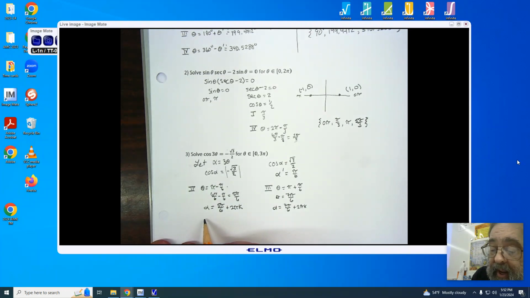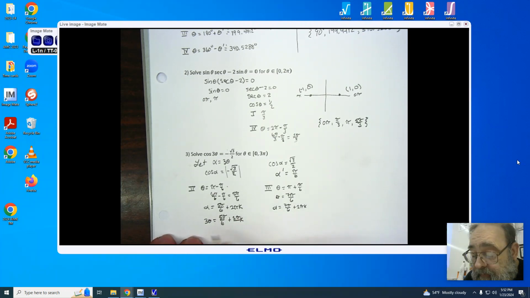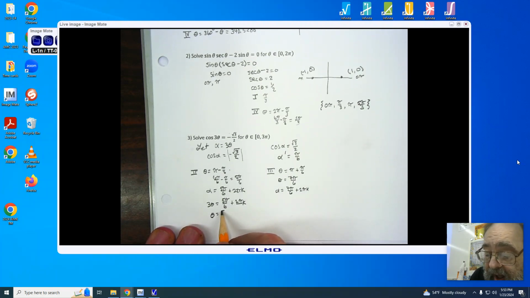I'm now going to replace my alpha with 3 theta so that I can find all of my solutions within the domain. This will require me to divide everything by 3 so that my theta will end up being 5 pi over 18 plus 2 pi over 3k.